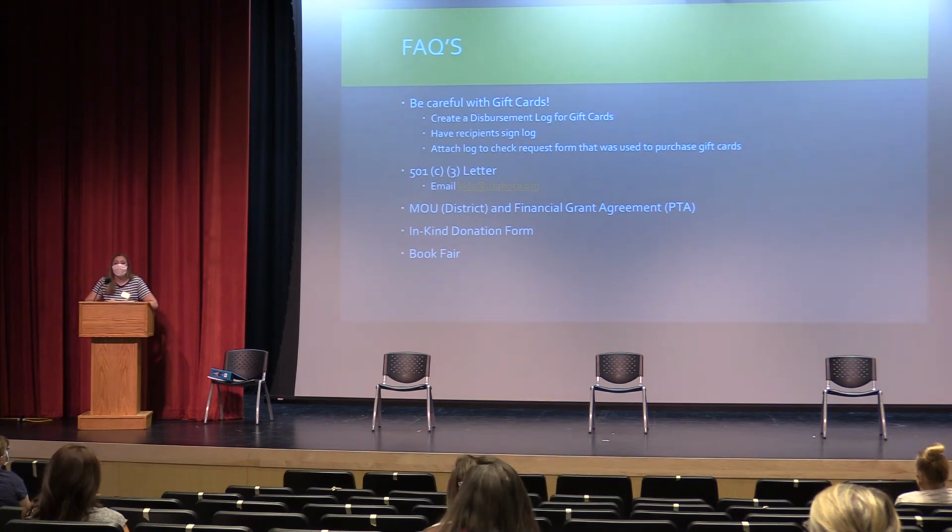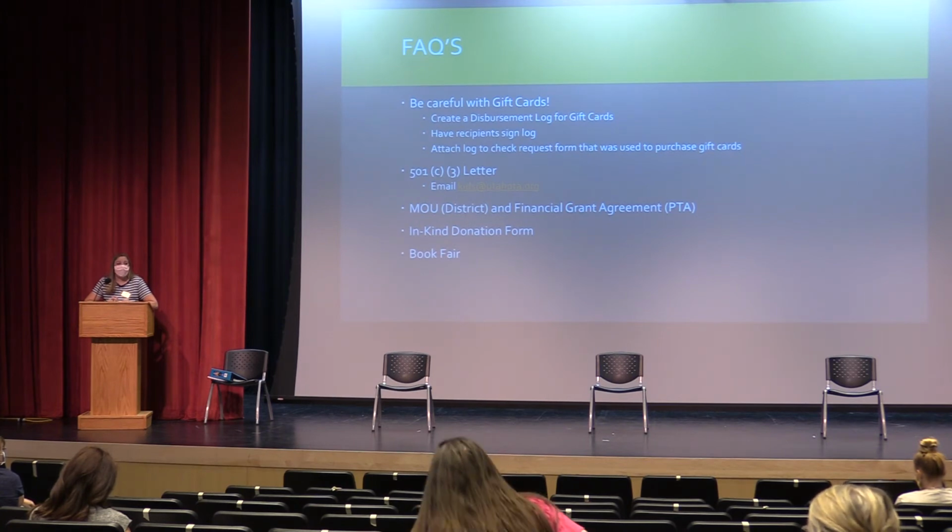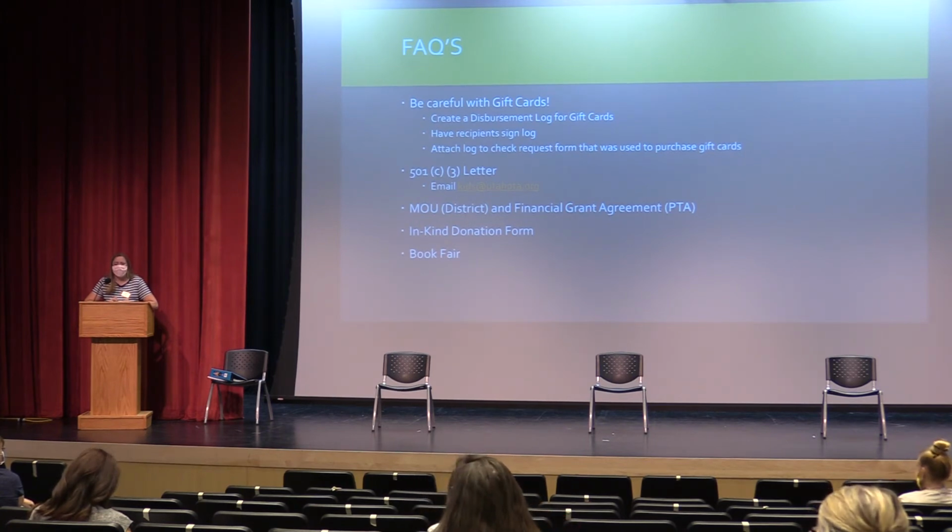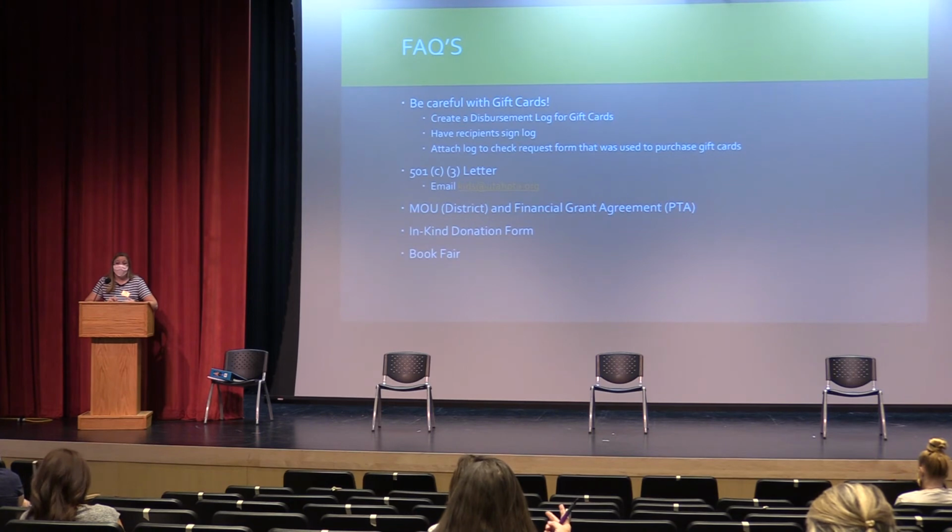And did I hear you right, you don't have to use those exact forms, but you have to have that information? Yes. Maybe on the sales tax request form, you need that exact form. But all of the others, like the check request and the funds received, if you want to make your own form, you can. Just make sure it has all of that correct information on it. The treasurer's report and the bank reconciliation, you can do a different form for those as long as it has all the same information.